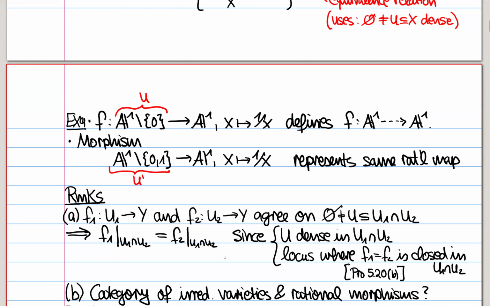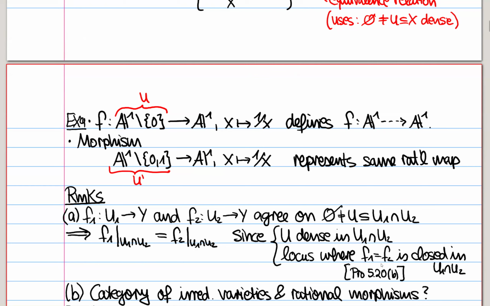And this just uses that if they agree on a possibly smaller open set U, then this intersection of sets in this irreducible variety X is still an open subset, still dense, so it is still irreducible. And so U inside there is still dense.